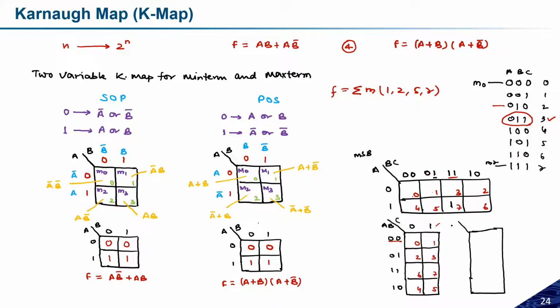Let us assume here I have BC and here I have A, and again I am considering A as the MSB. So the numbers will be 0 and 1. Here it will be 0, 0, 0, 1, 1, 1, and 1, 0. Okay, can anyone tell me what will be the sequence of numbers in this case? I am considering A as the MSB.